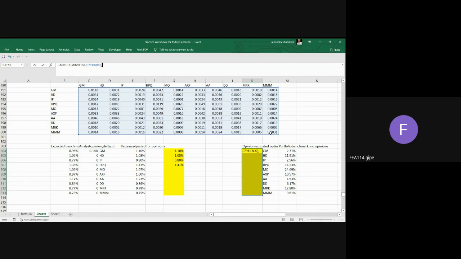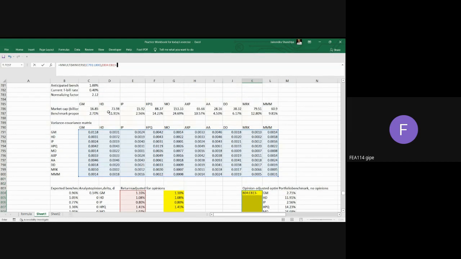And then how do you want to multiply? You multiply the matrix inverse with ER minus C, which is the expected return. So your expected return is now this, which is already done here. From here I will subtract the constant C, which is nothing but the treasury bill rate. Okay, so now this is done. If I do it like this, it will only give you the Z matrix.